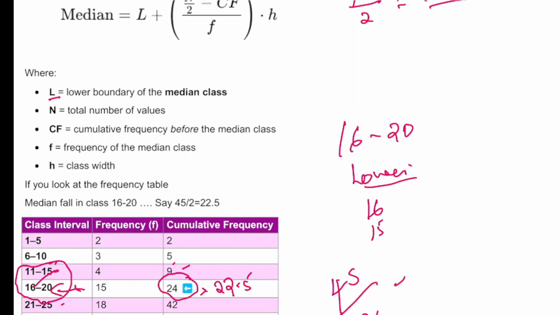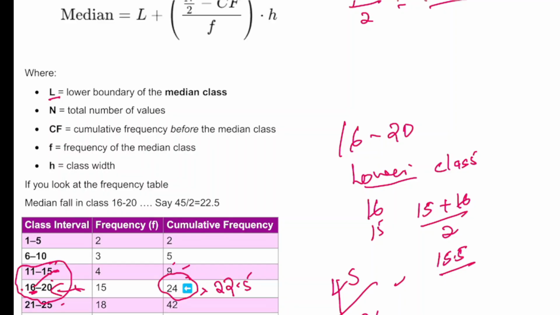For you to get the lower class boundary, you say 15 plus 16 divided by 2. So you minus 0.5 from 16, so that where this stops, this starts. So the lower boundary of the class, L, is equal to 15.5.